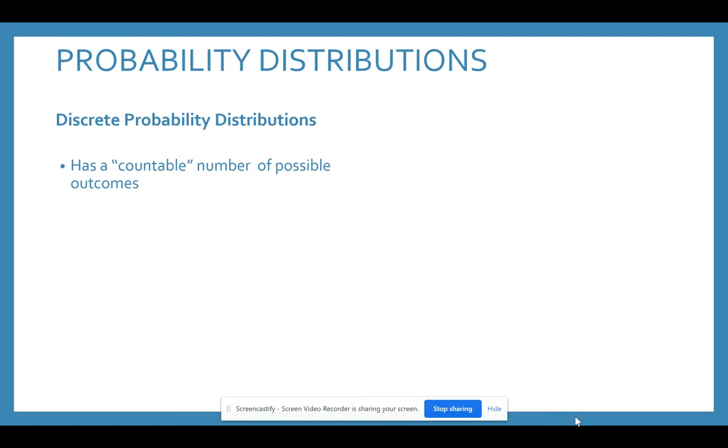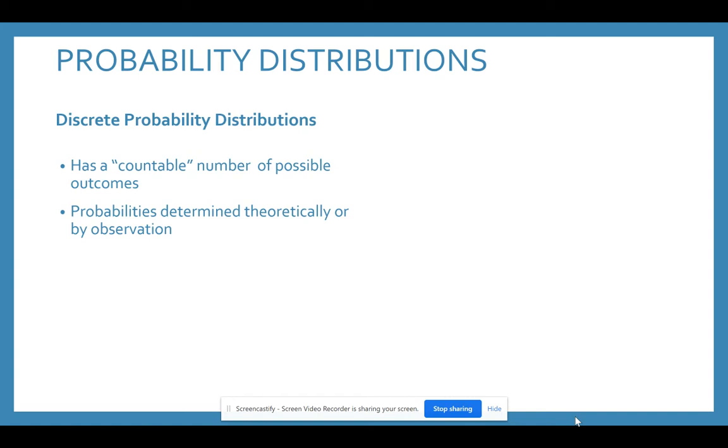So with a discrete distribution, you have a countable number of possible outcomes. They're typically going to be whole units, like a 1, a 2, a 3, heads or tails. You're not going to have overlap between those different outcomes. The probabilities for those particular outcomes are determined either theoretically, where you have a 1 in 6 chance of rolling the number 1 on a die, or a 1 in 2 chance of flipping a head when you flip a coin.